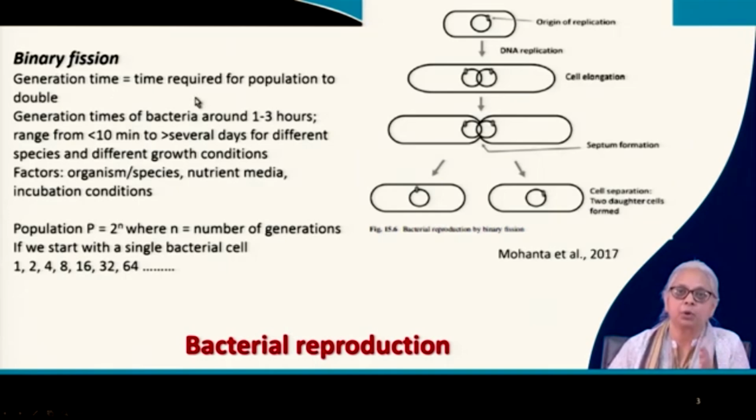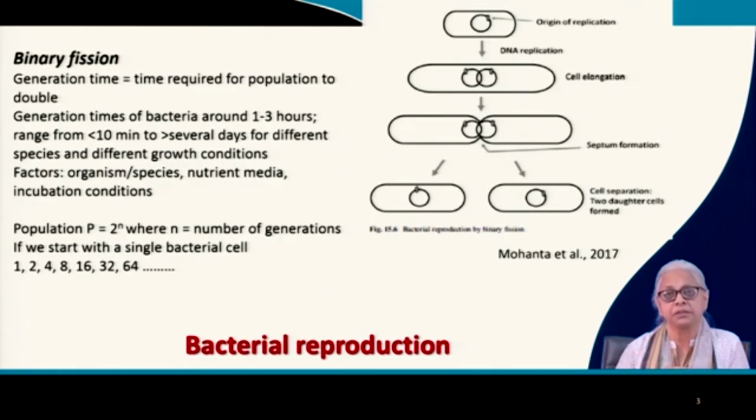That is the time required for the population to become double the original population. Now generation times for bacteria can be around 1 to 3 hours, or if you take a wider range, it can go from less than 10 minutes to several days, depending on the species and depending on the growth conditions. The same species under different growth conditions will have a different growth rate, and we will come to that later.